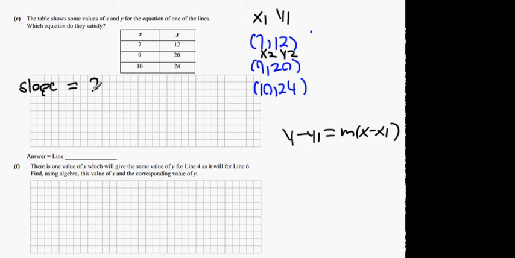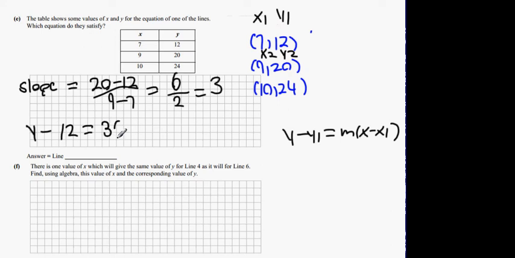Slope is y2 minus y1 all over x2 minus x1, which is 9 minus 7. This is going to be 6 over 2, which is 3. The line in question has a slope of 3. Then we're going to put into this formula here, y minus y1, y1 is 12, equals 3 into x minus x1.